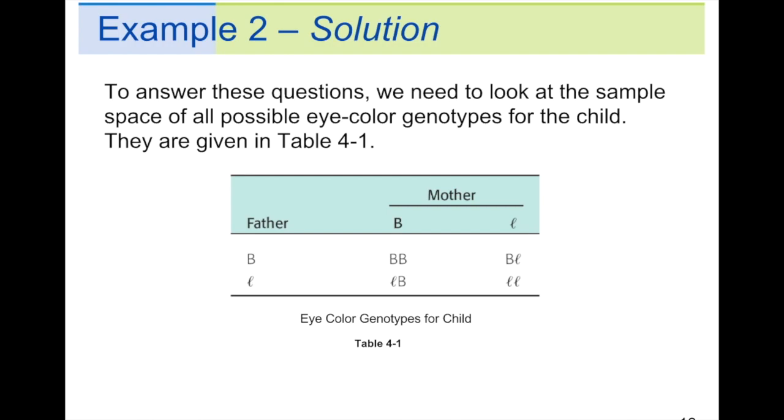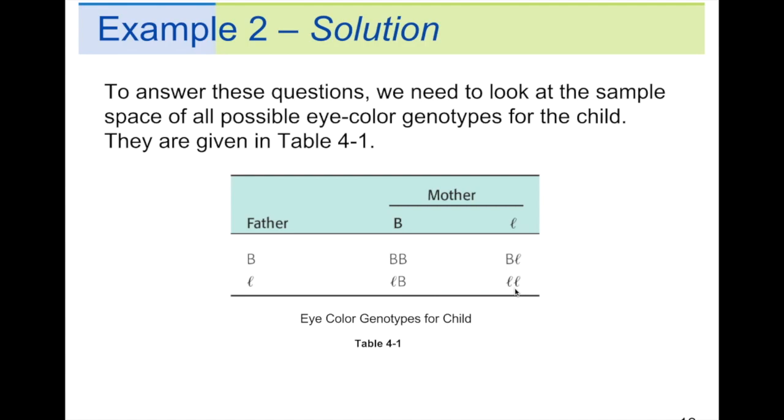So if you look at this table, it's possible of getting a brown from the father and the mother, a brown from the father and a blue from the mother, or a blue from the father and a brown from the mother, or a blue from the father and a blue from the mother. That's the sample space. These 4 different events make up the sample space.